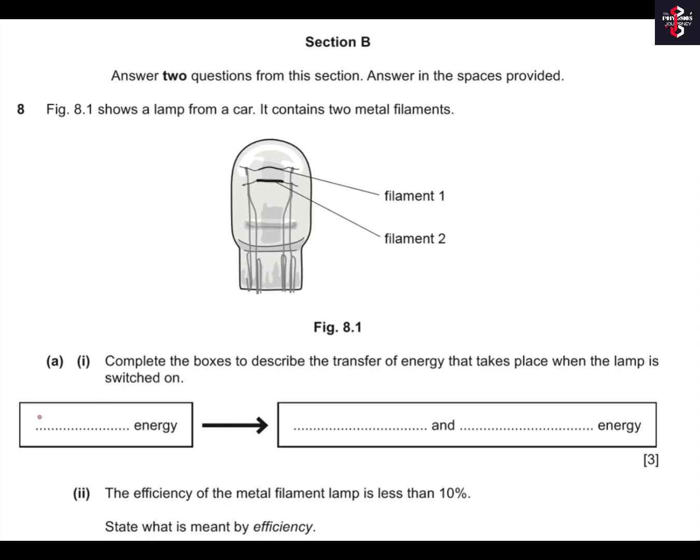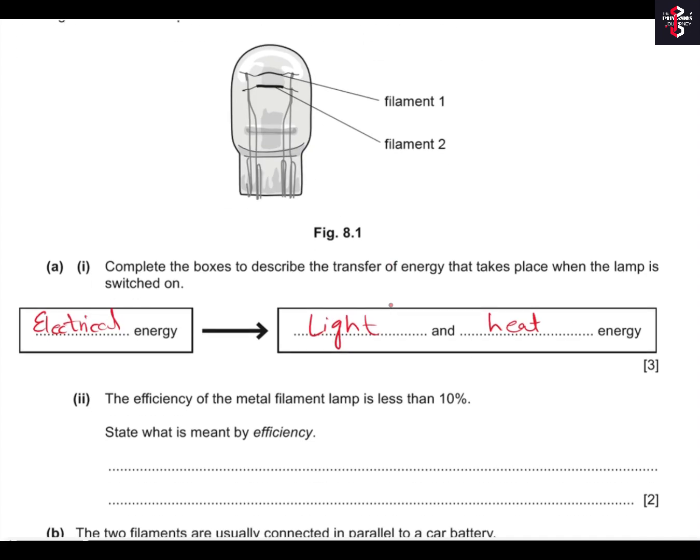So when the lamp is switched on, it is quite obvious that electrical energy is given to the lamp, and it is transferred to other forms. So it is light energy, and heat is also produced while it is turned on.